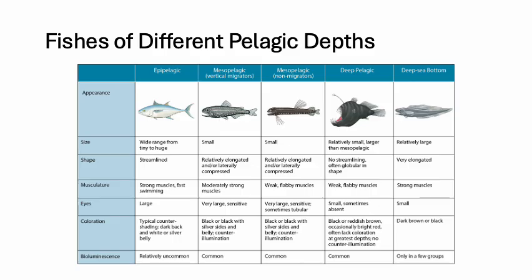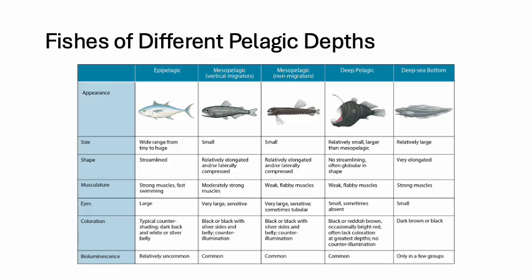Vertical migrators still need moderately strong muscles for their nightly ascent, but non-migrators let their muscles soften since they never rise to the surface. Their eyes stay large and sensitive because they depend on the faintest hints of light, and both groups rely heavily on bioluminescence or camouflage, as well as communication.